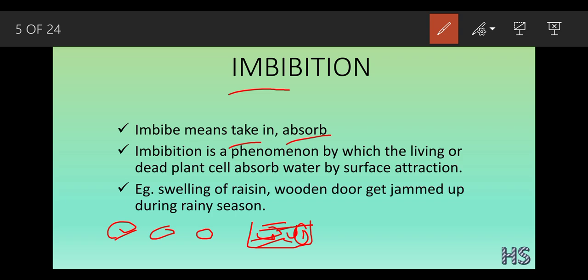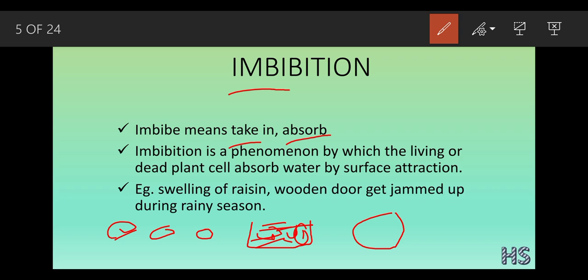Then in the morning, you are going to see the raisins get quite swelled up. This was the raisin which was shriveled in nature. When we put this raisin in the bowl, in the morning you will see the raisins have swelled up.